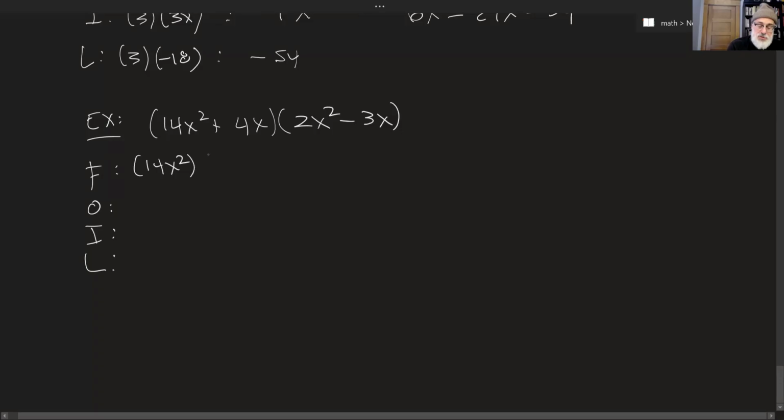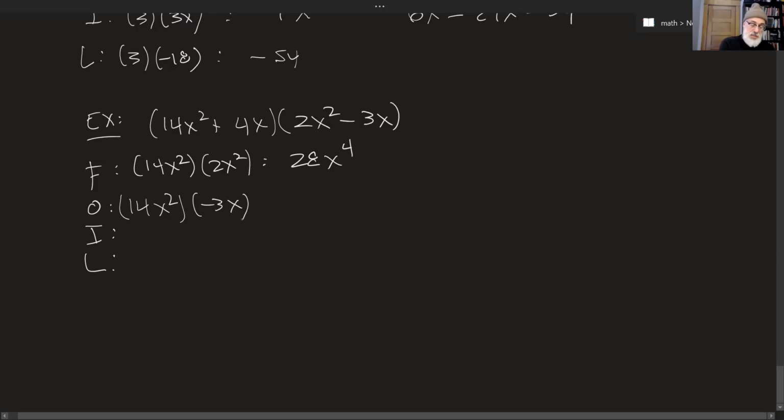I'm multiplying the first term of the first polynomial and the first term of the second polynomial. So let's just do the operation. 14 times 2 is 28. Now x squared times x squared is the same base as x, so then we add the exponents. 2 plus 2 is 4. The outside terms is 14x squared times negative 3x.